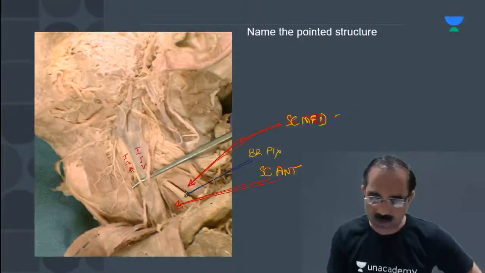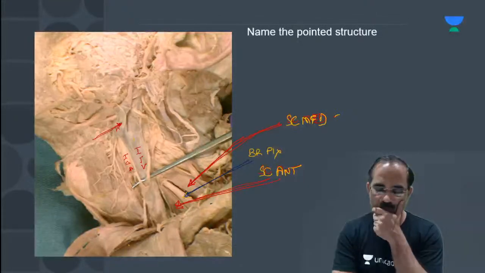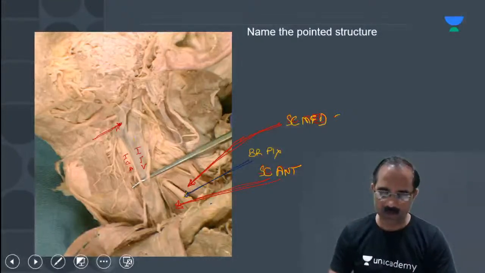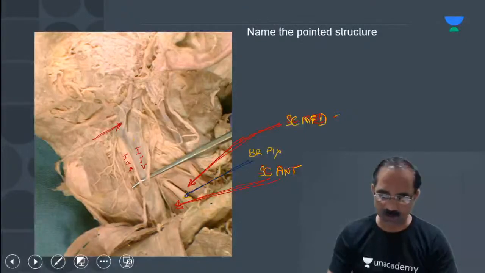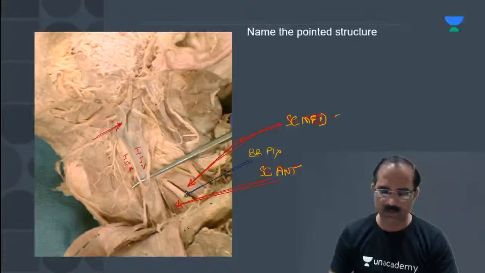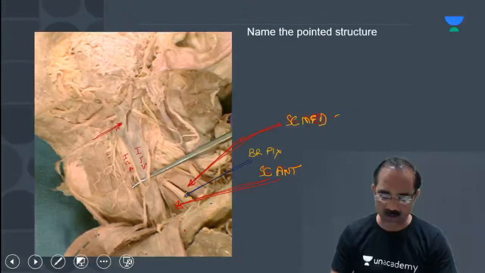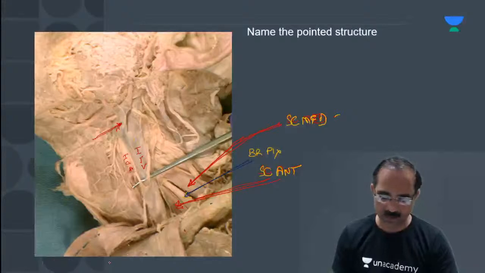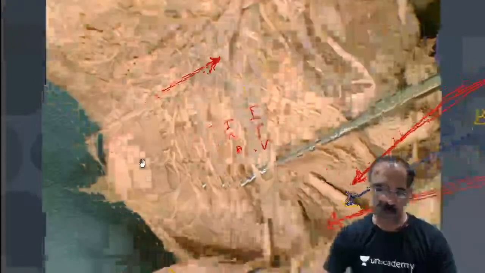Can you tell me what this structure is? Anyone? The vagus is not seen. The vagus lies between the artery and the vein. Sorry. One moment, I'll just magnify this for you.